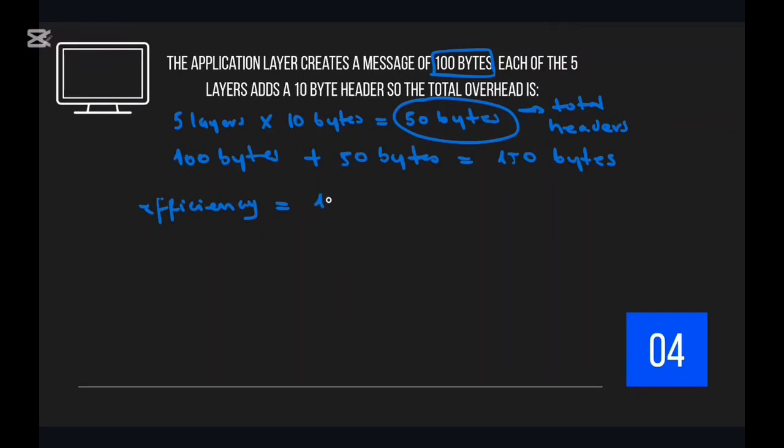The number of application bytes, 100 bytes, is divided by 150 bytes. This is equal to 67% efficiency.